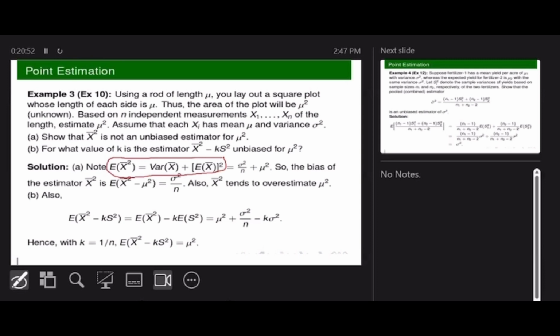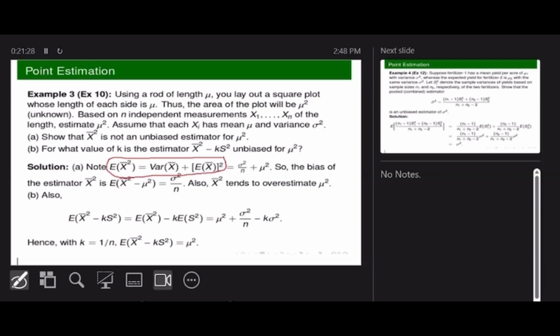What we need to remember from what you've done before is that the variance of x bar is the expected value of x bar squared minus the expected value of x bar, all squared. So the expected value of x bar squared equals the variance of x bar plus this.